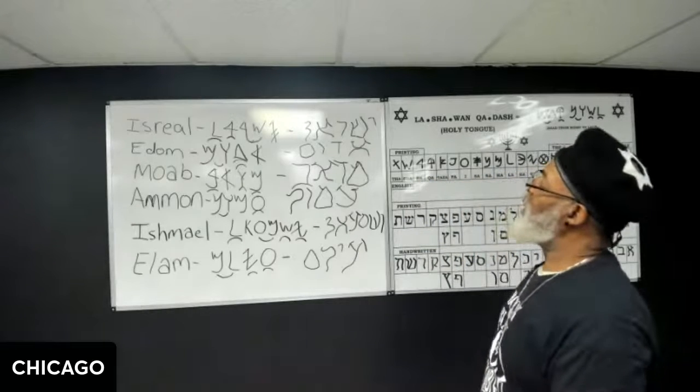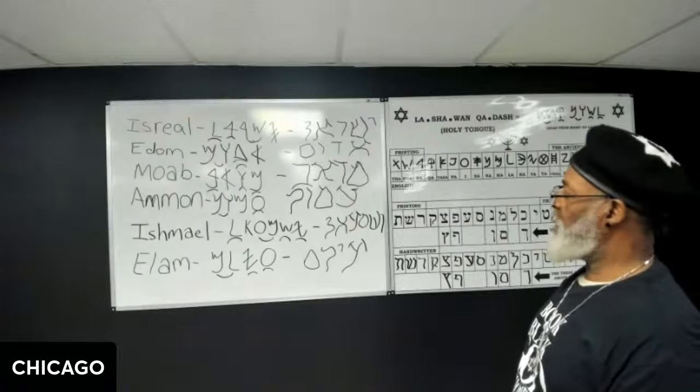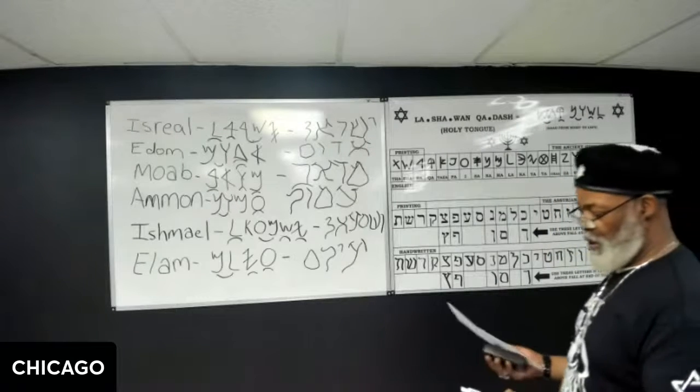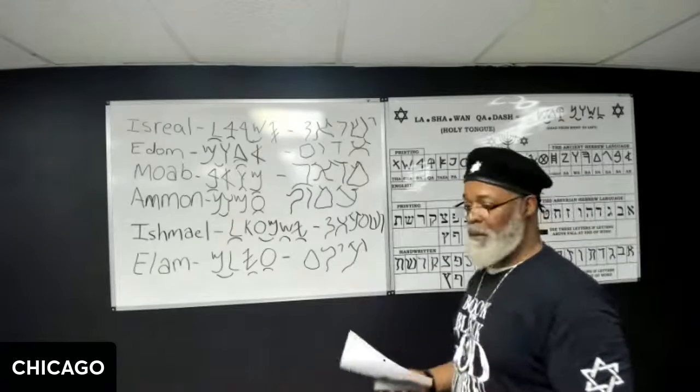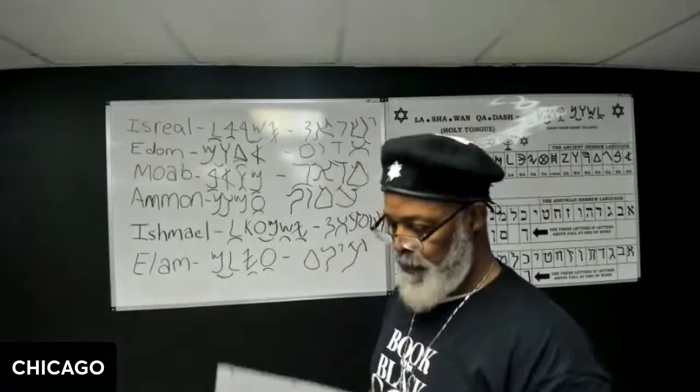So there we have Israel, Edom, Moab, Ammon, Ishmael, and Elam in the ancient and the Assyrian print. I'll give you one more minute or less to copy that down. Then we're going to keep moving forward.